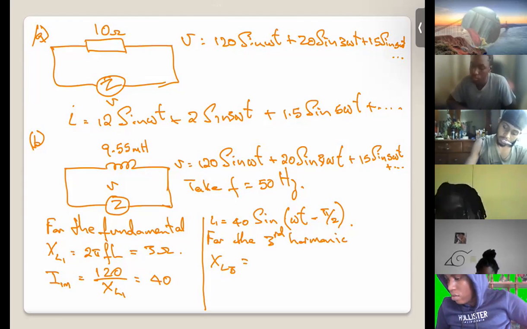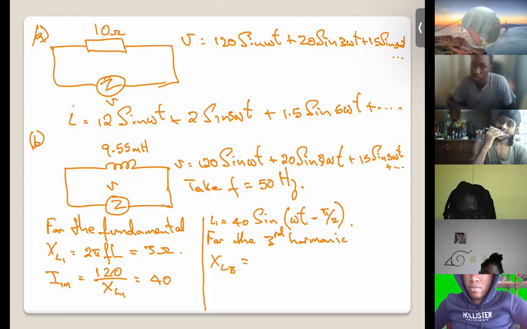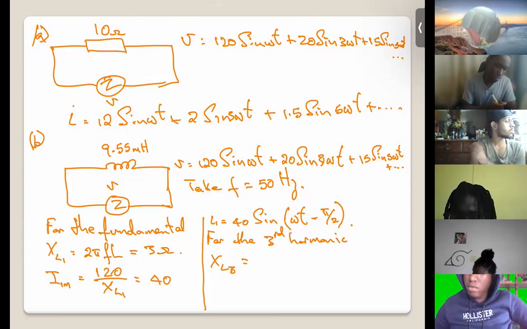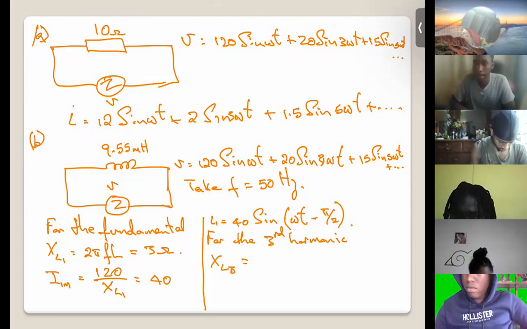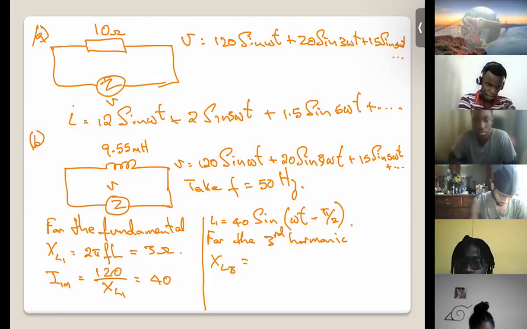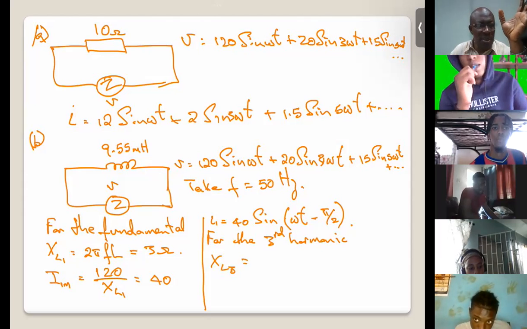All right. Work with me now. What do we mean by harmonic? So if we say we have the third harmonic, what does that mean in principle? Three times that of the fundamental, in terms of the frequency.